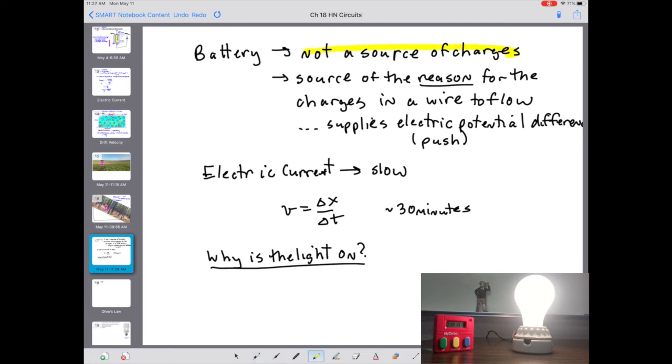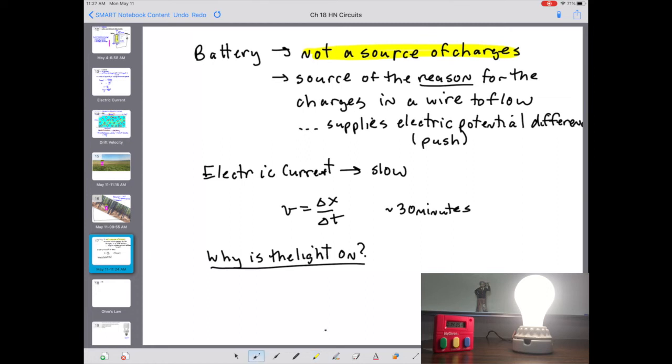Well, I want to emphasize again that a battery or an outlet is not a source of charges. The charge is already there in the wire, and so the light bulb goes on right away because the charges that are in the wire right next to the filament and in the filament are motivated to move.